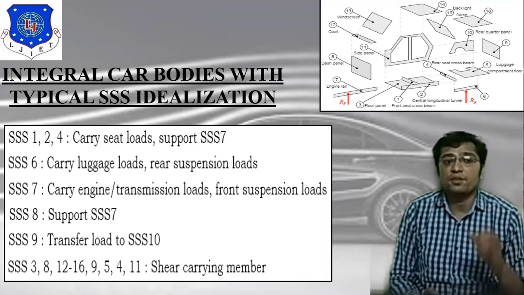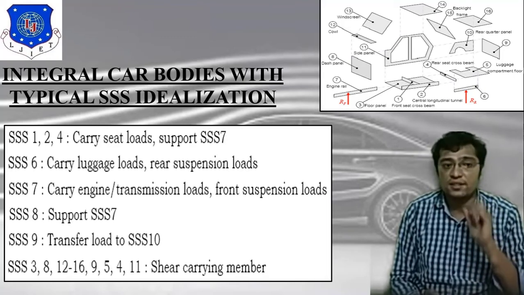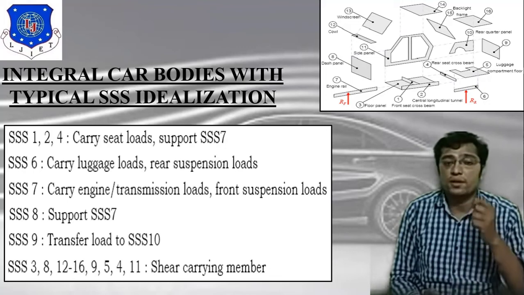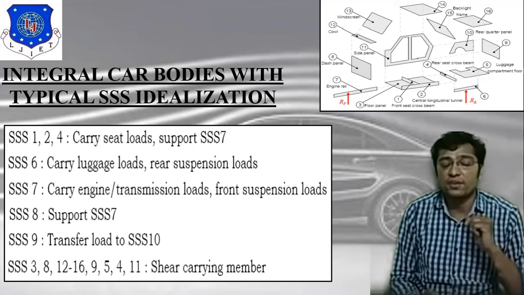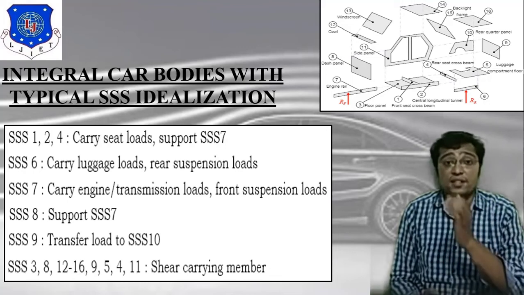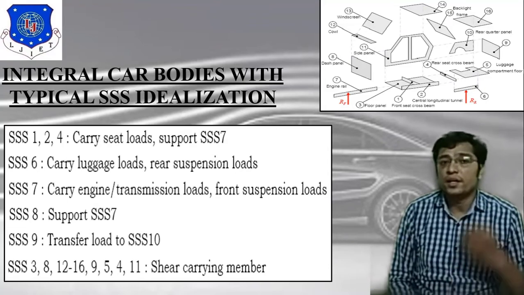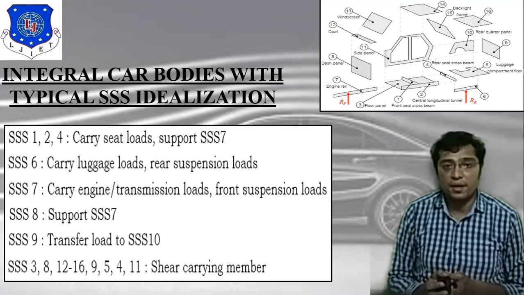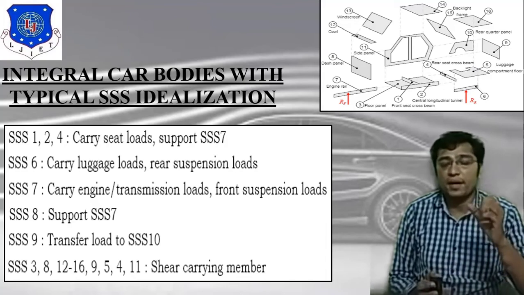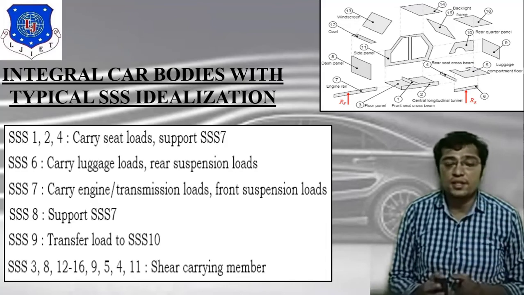For the 8th part you can find support for SSS 7, and for the 9th part you can find transfer load to SSS 10. Parts 12 to 16, 9, 5, 4 and 11 are shear carrying members. So these are the load carrying parameters as I discussed here.